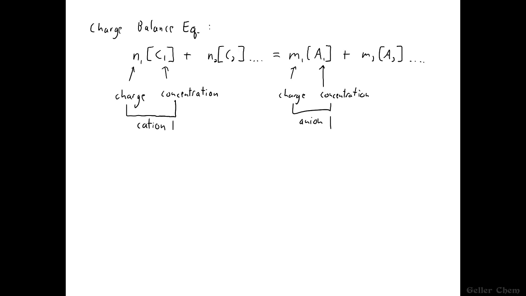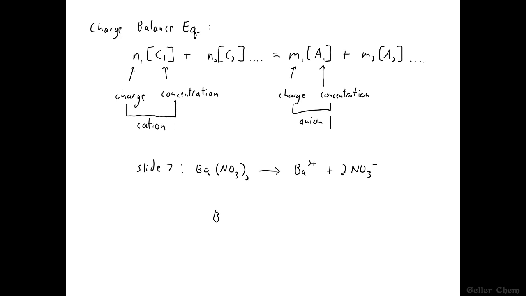If we were to apply this equation to the previous slide, slide 7, where we had barium nitrate, NO3, but 2 of them, totally dissociating into barium 2 plus and 2 separate nitrate ions, the charge balance expression for this solution would look like this.